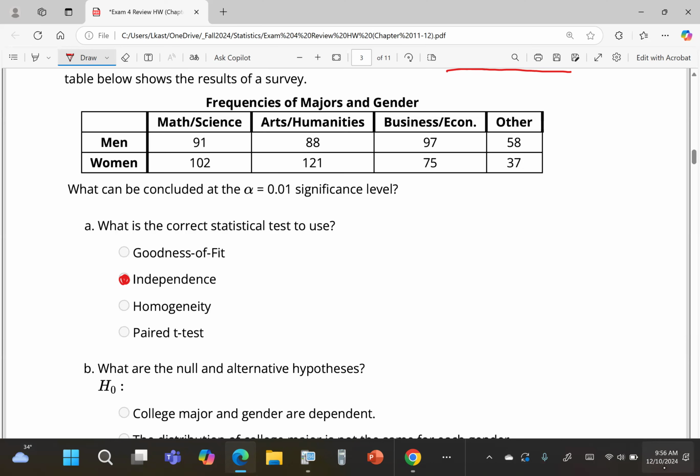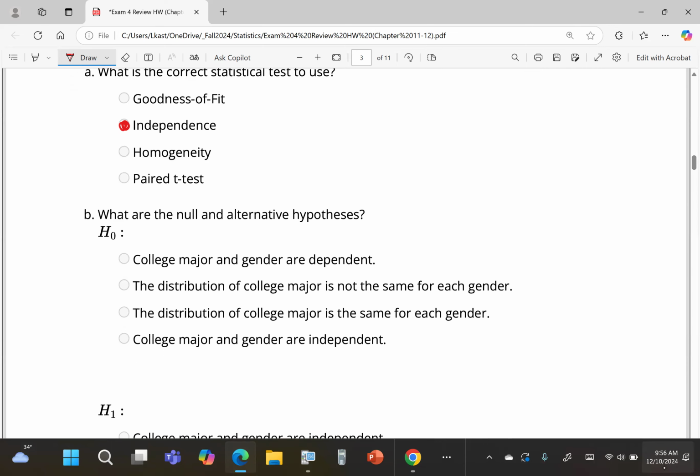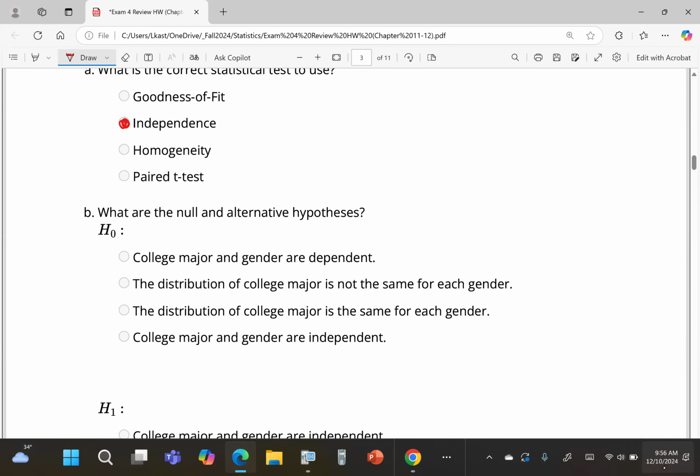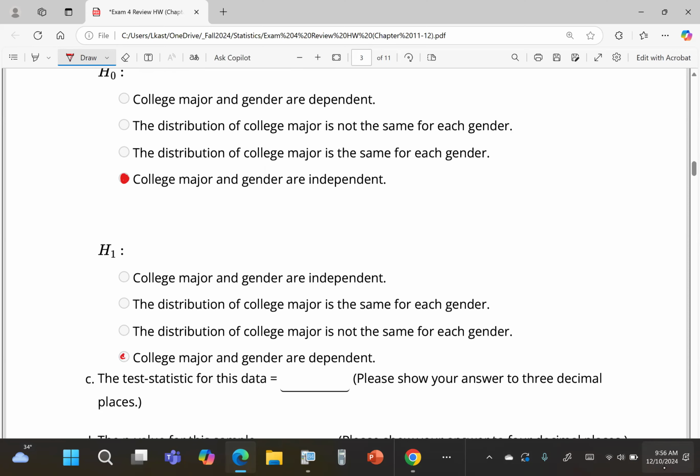All right. So what are your null and alternative hypotheses? So we always state our null hypothesis as what? They're not dependent on each other. So what would that be? College majors and gender are independent. And then what's the alternative? Is that they are dependent. So college major and gender are dependent. All right, so now we're going to go put this stuff in our calculator.